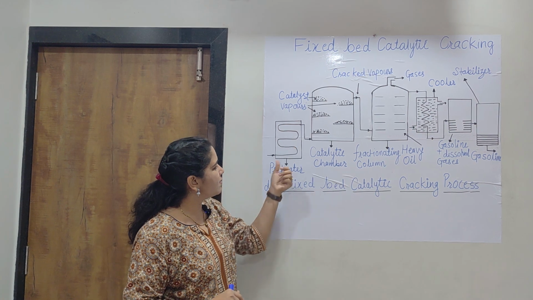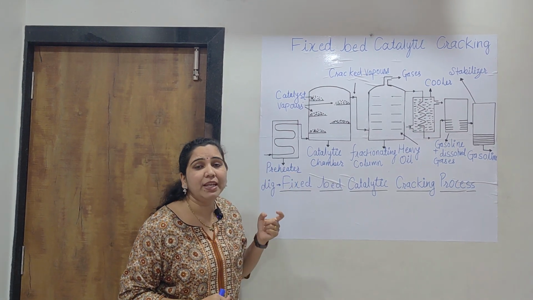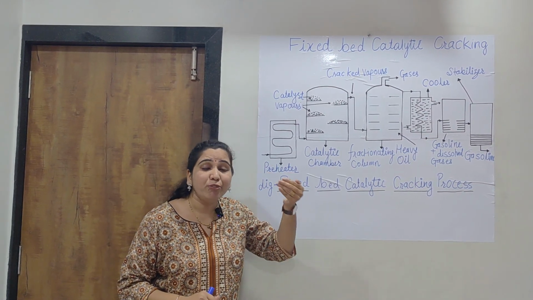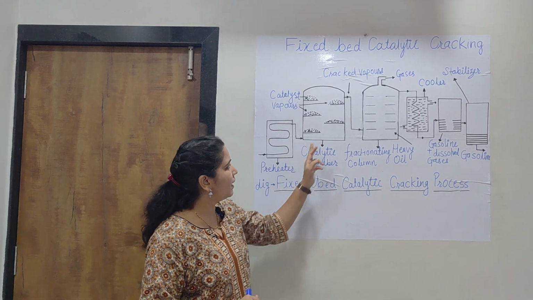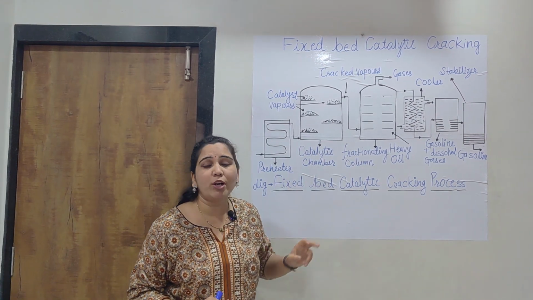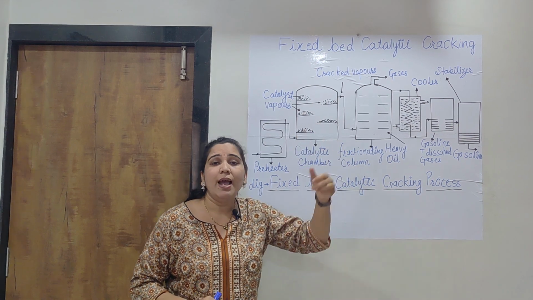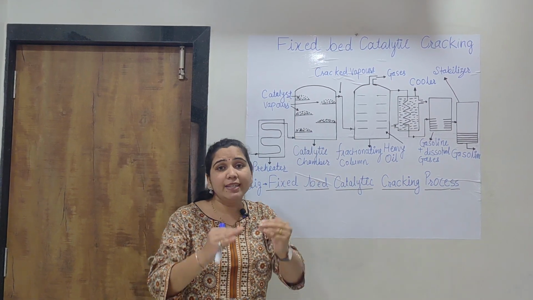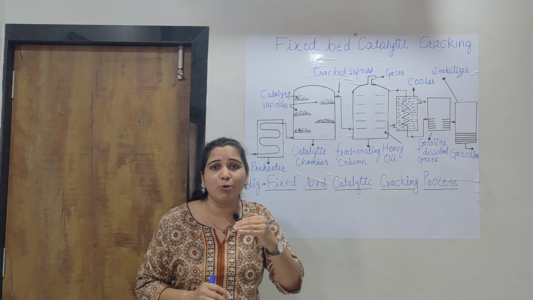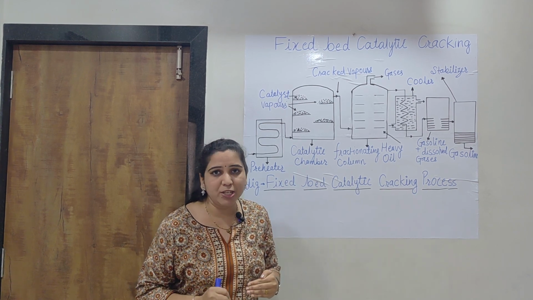Moving toward fixed bed catalytic cracking, I have already drawn the diagram so as to save our time. Here you can see the very first compartment is a preheater, just before the heating process. Second is the catalytic chamber, or catalytic tower. In this catalytic tower you can see the catalyst. At the same time, heaters and heating coils are provided, as we need the temperature also.